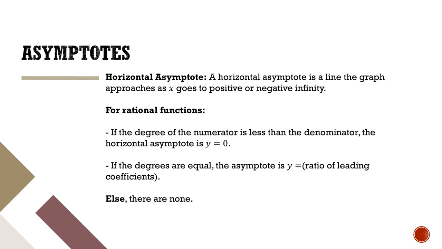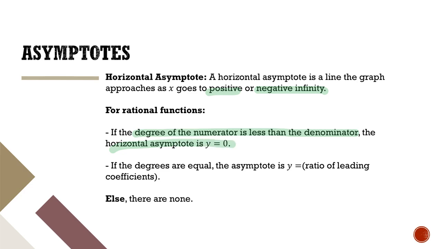There are horizontal asymptotes as well. That's a line the graph approaches as x goes to positive or negative infinity. For rational functions, if the degree of the numerator is less than the denominator, the horizontal asymptote is always y equals 0.